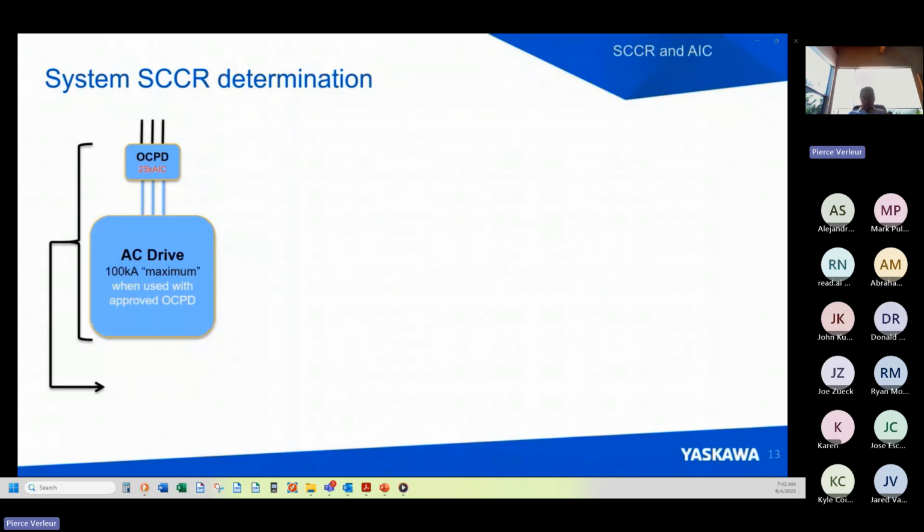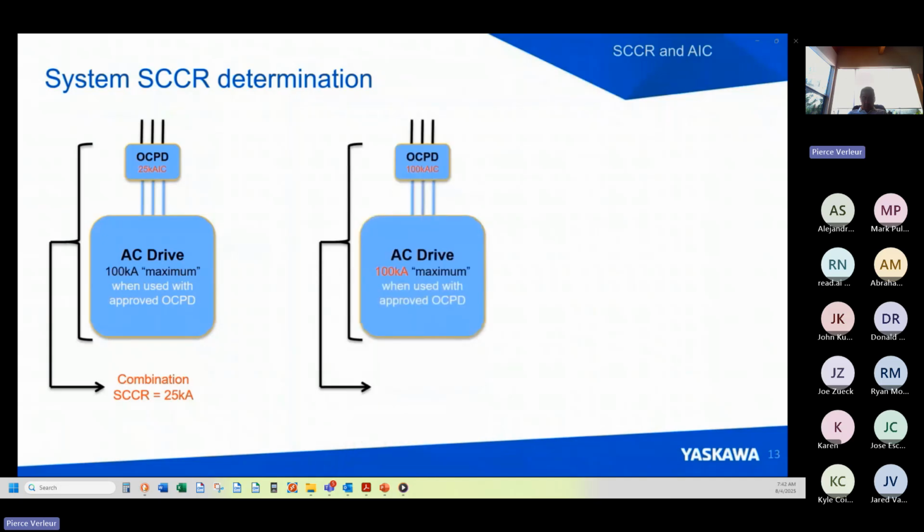So let's take an example of a drive that has 100,000 amps SCCR, maximum capability, that has to be protected by something. If we feed that with a circuit breaker or a fuse that has a 25,000 amps interrupting capacity, the combination of those two is limited to the weaker of the two. So that combination or that system would be limited to 25,000 amps SCCR.